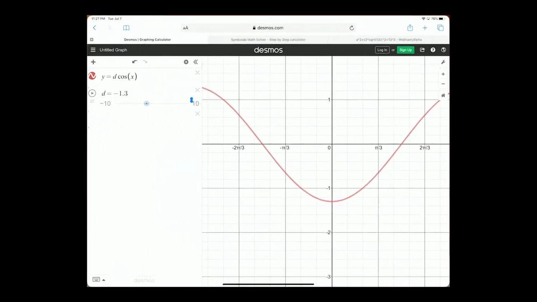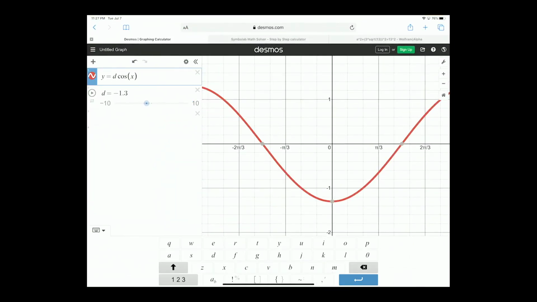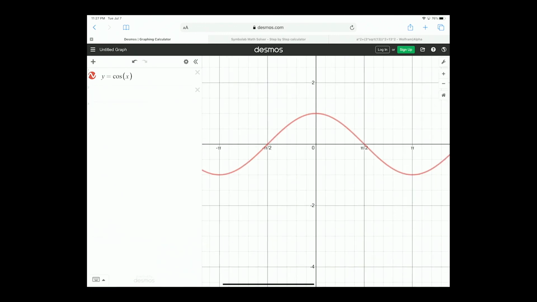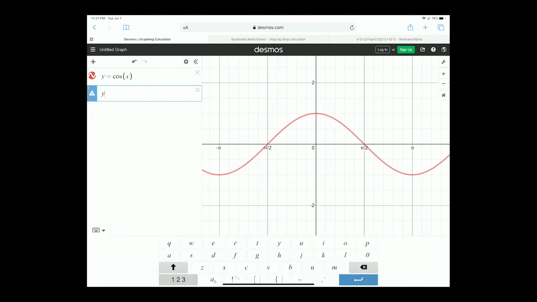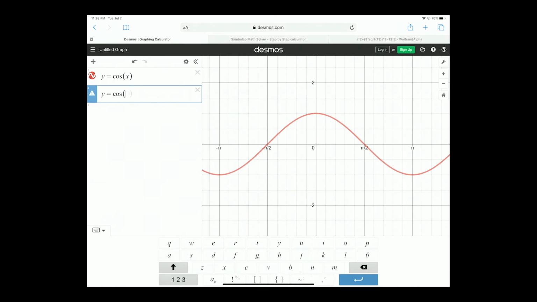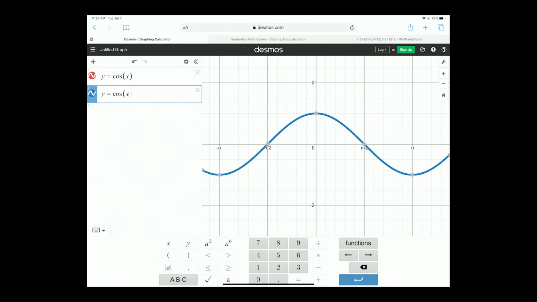So let's look at it. Put the original graph on here. So that's the original, y equals cosine x. Okay, so what do we got? Out front, if I make it negative, it's upside down. If I put a half there, I'm just going to type it 0.5 because it's easier to type.